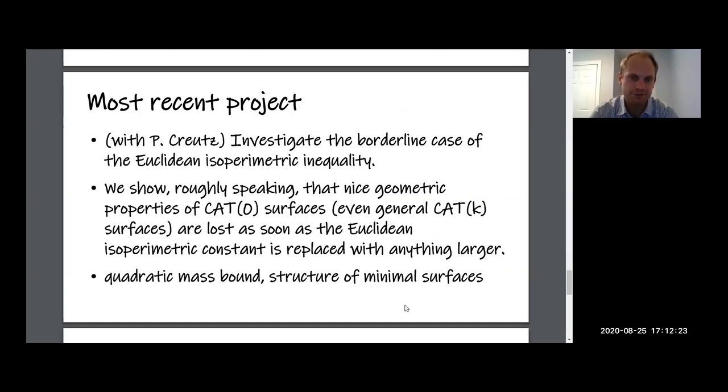You can construct examples with degenerate geometry, as measured, for example, by the quadratic mass bound, which would fail on the minimal surfaces. They are not as well behaved as soon as you replace this Euclidean constant with anything larger.